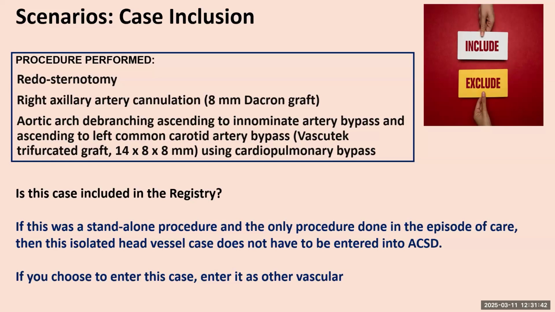They're not really doing an aortic procedure. They're not really doing a heart procedure. It's more of a vascular procedure. So if this is a standalone procedure, the only one you have, it's optional. Talk to your surgeon about it. If he wants it entered, then you would choose to enter it as other vascular.